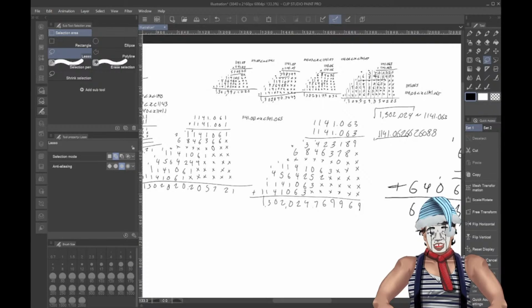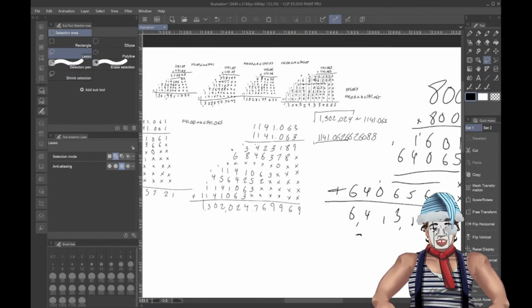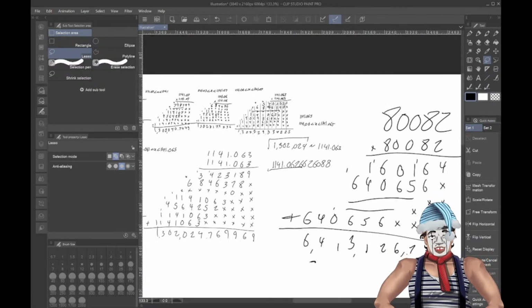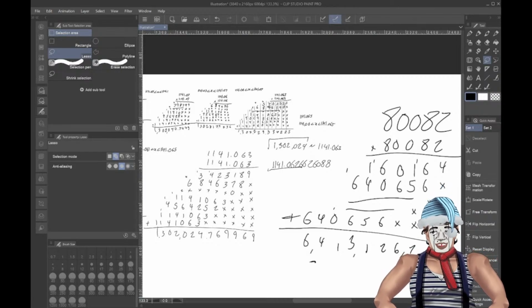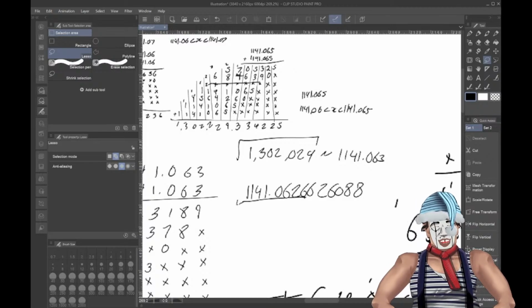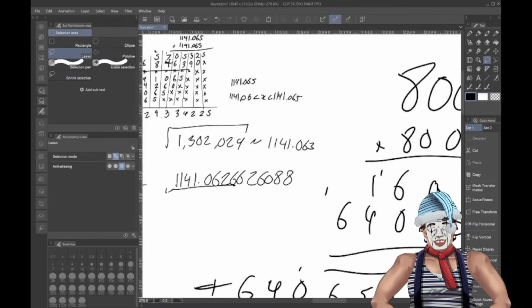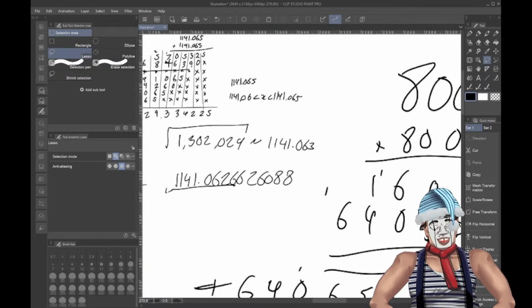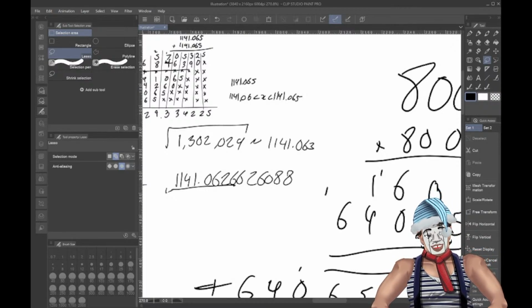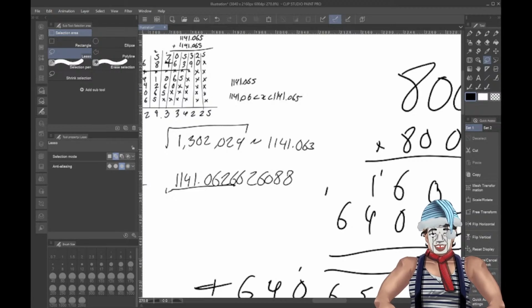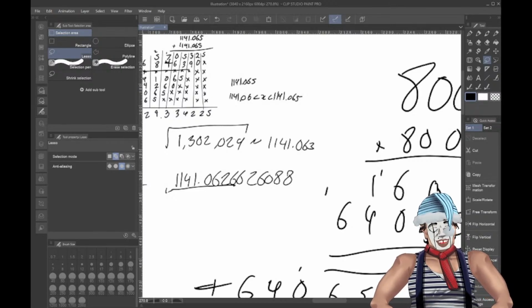That's as close as I was willing to go, at least in terms of my sanity. If I went into any more decimal places, the amount of arithmetic would be intolerable. So, the actual closest the calculator could give me is 1,141.06266260088. That's probably more, but that's as much as the calculator was willing to go. I guess we all have our limits.